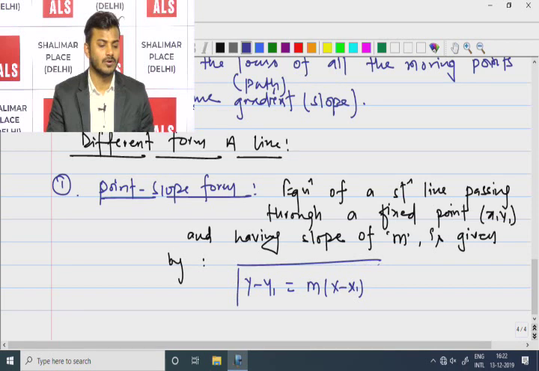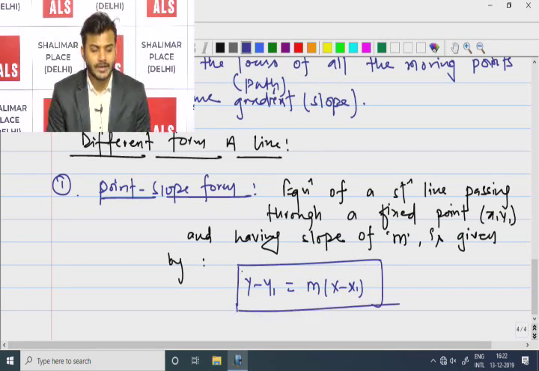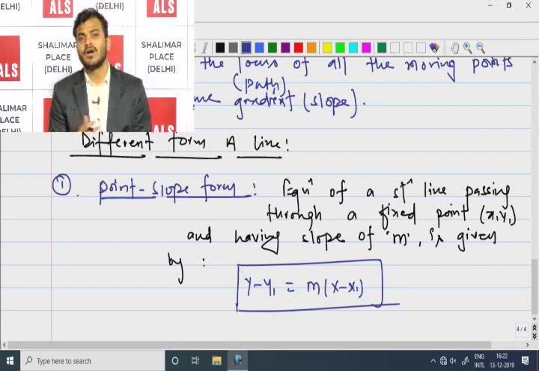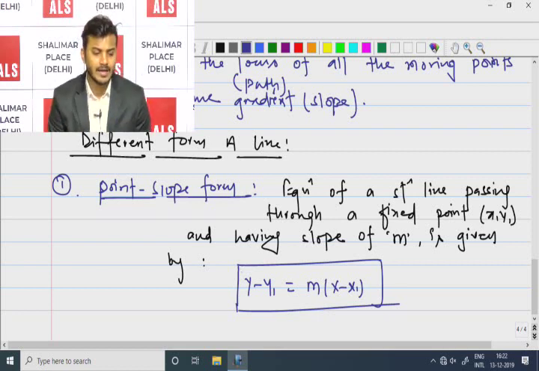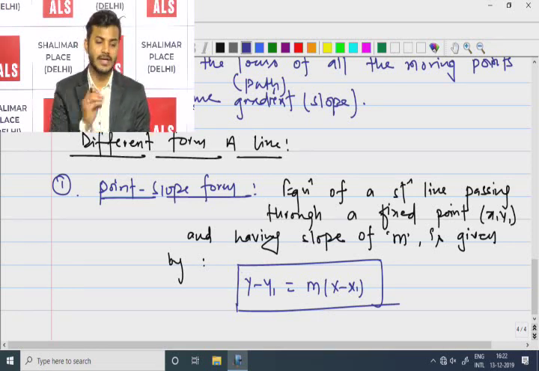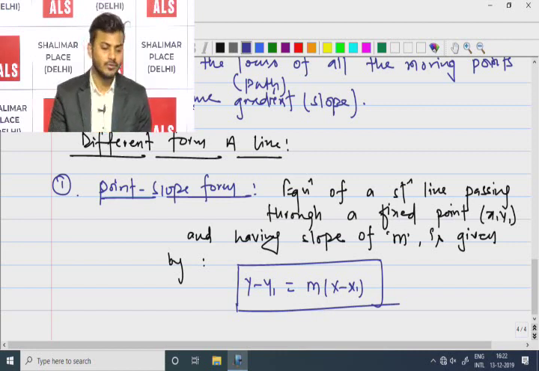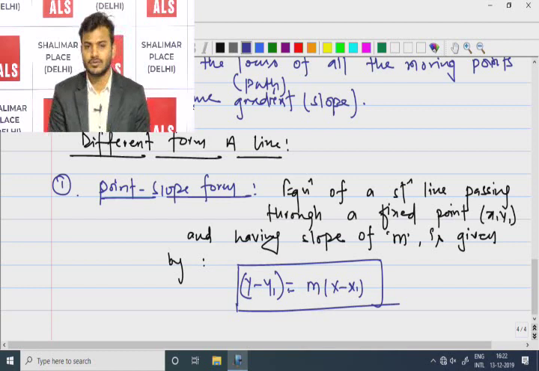This is what the equation is. So whenever you have to find the equation of a line with x1, y1 and the slope value given, you can use this formula.